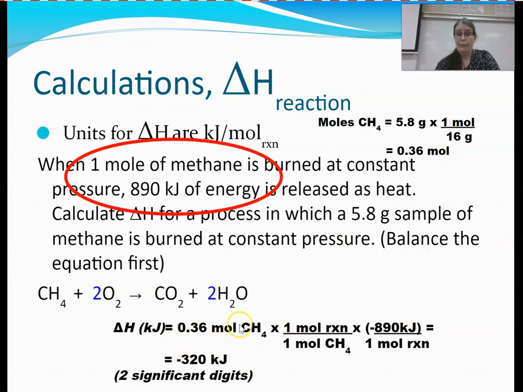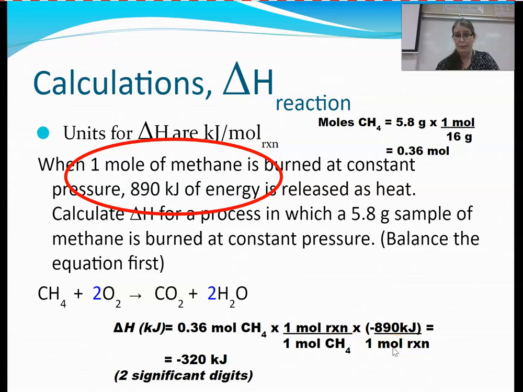So if we think about what happens here with this unit, if I write down moles of methane, I can't go directly to this delta H value because that's per mole reaction. So I have to use moles of methane on the top, moles of methane on the bottom, and I look at the balanced chemical equation. 1 time through the equation uses 1 mole of CH4. Now I have moles of reaction on the top to cancel the moles of reaction on the bottom of my delta H.